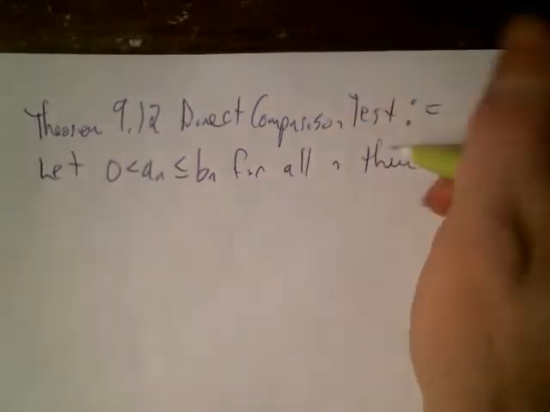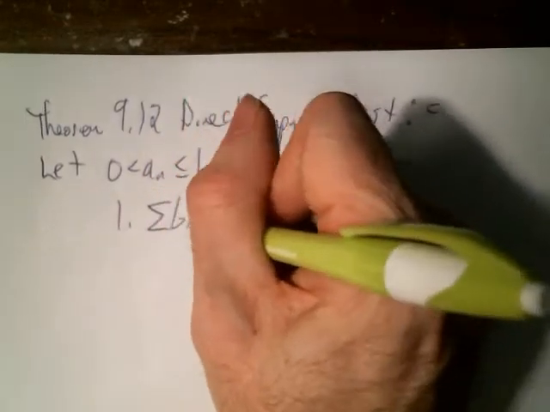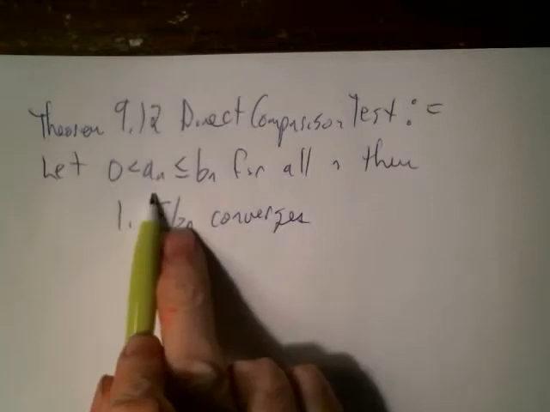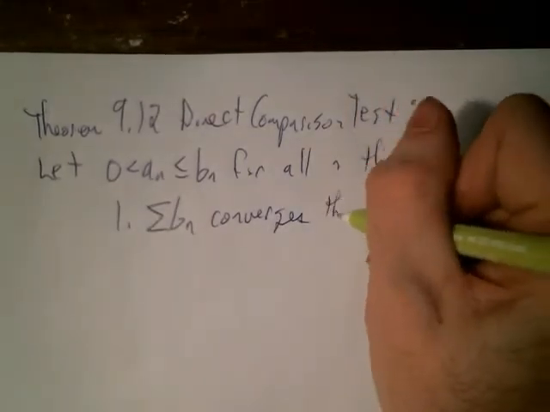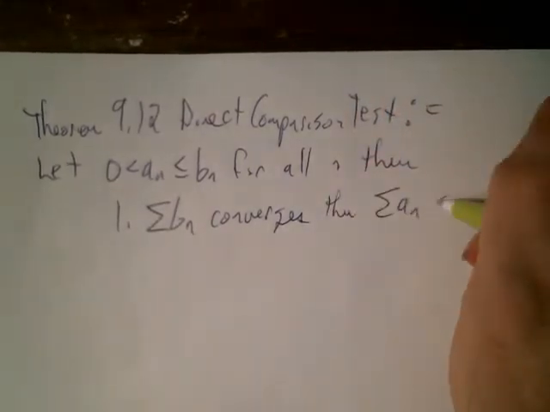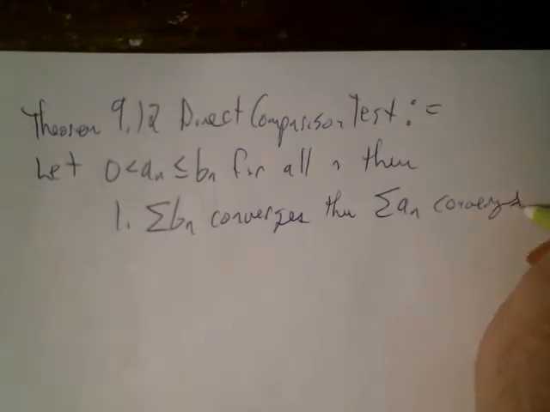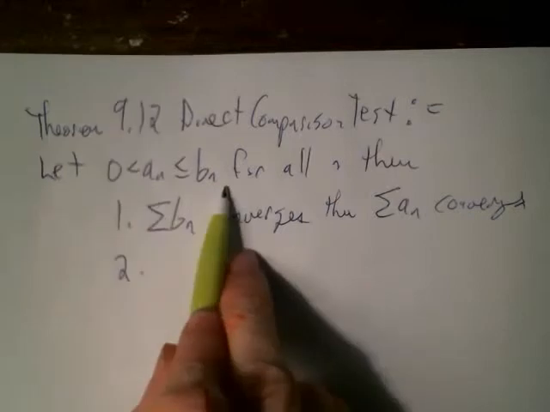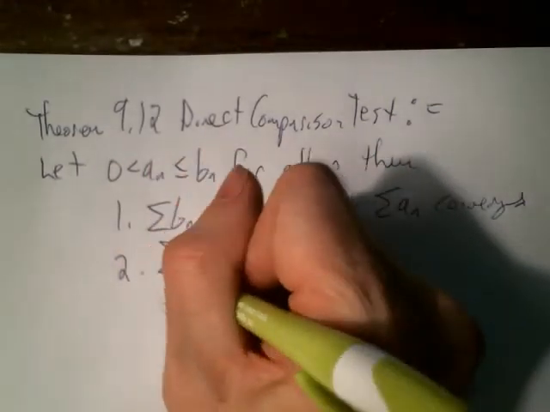And then one of two things will happen. First, if the series b sub n converges, it'll force the series below it to converge. Then secondly, if this guy diverges, it forces that guy to diverge.